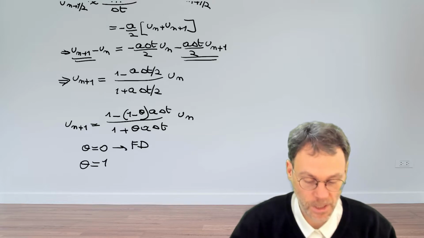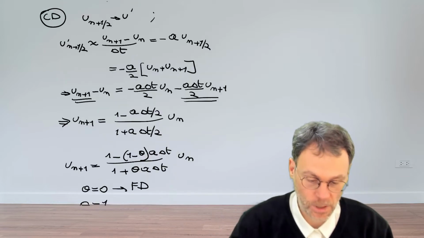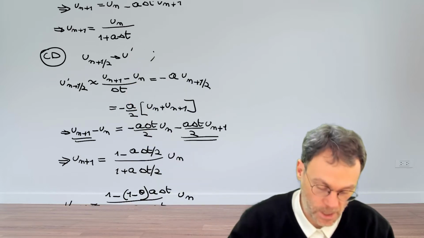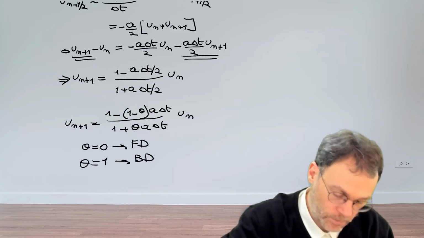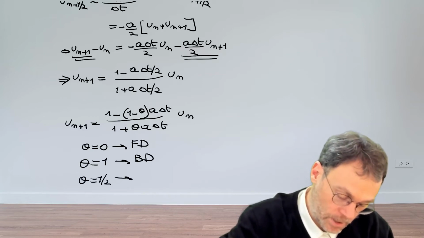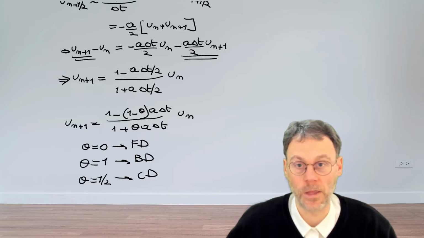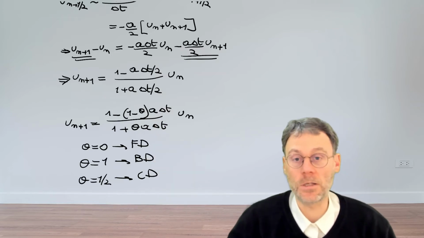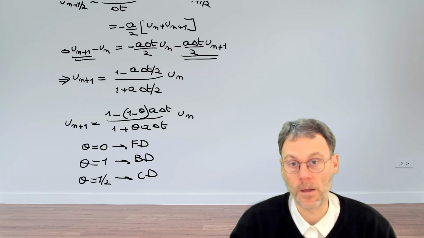If we have theta equal to 1, then in essence we only have a denominator, and if we compare that to what we had before, we see that theta equal to 1 corresponds to the backward Euler. And finally, theta equal to 1/2 is the central difference approach leading to the Crank-Nicolson method, and this gives you these factors 1/2 here. So this is how you can calculate finite difference approximations to this very simple differential equation.